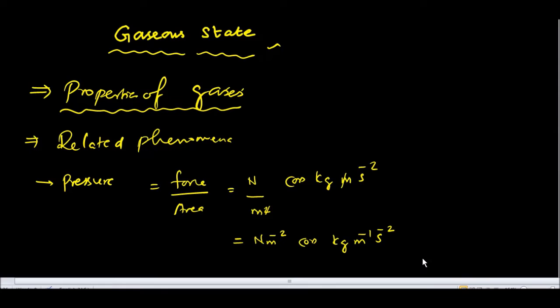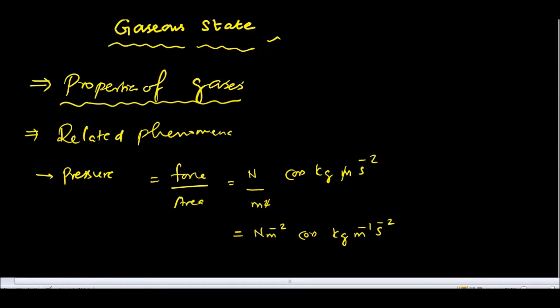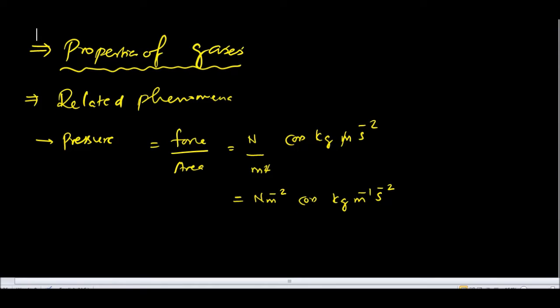And the other units of pressure, apart from Newton meter power minus 2, what are all the other units? Commonly they are using Pascal. A Pascal can be represented by Pa. 1 Pascal is equal to 1 Newton meter power minus 2.